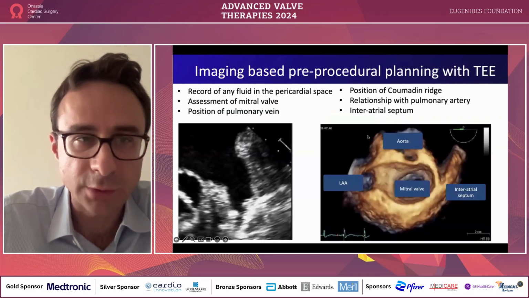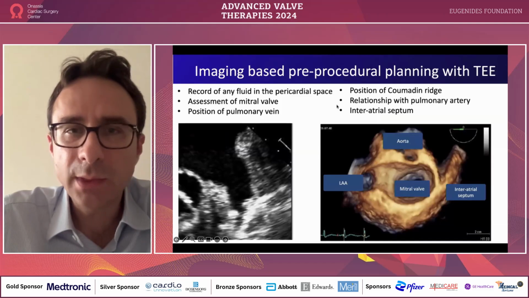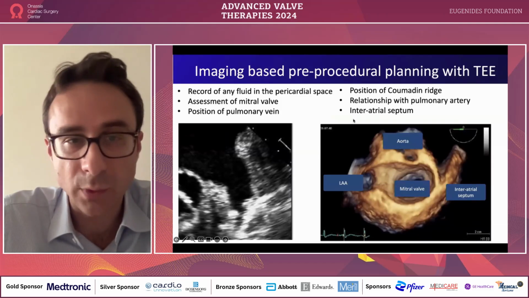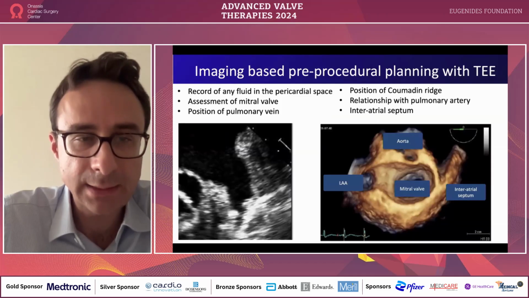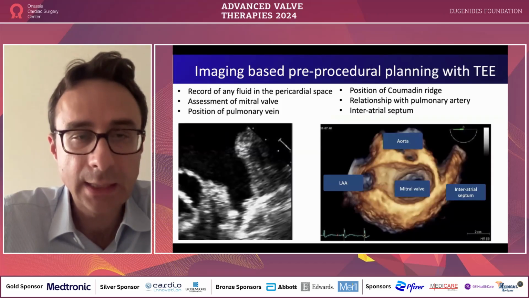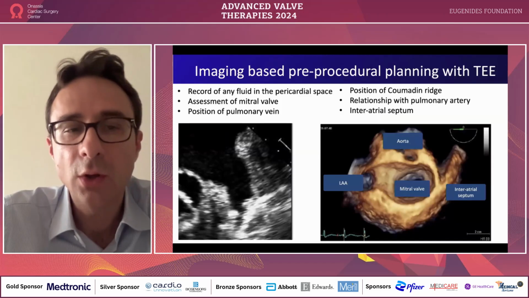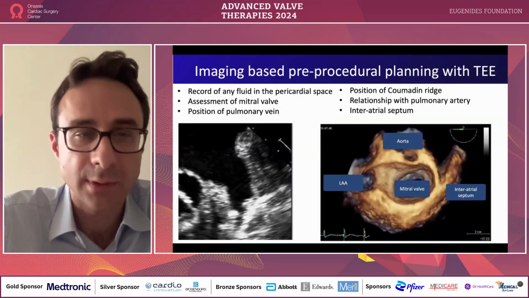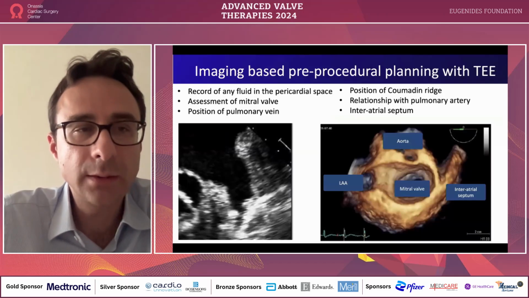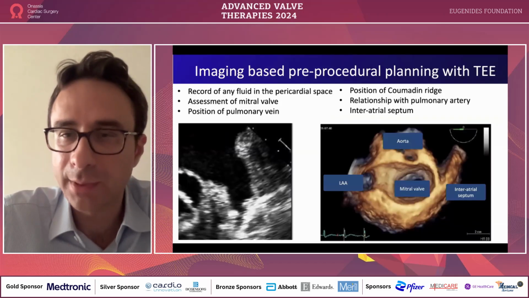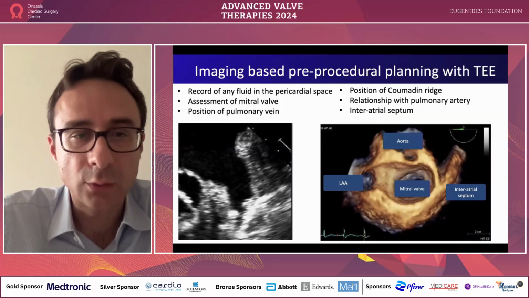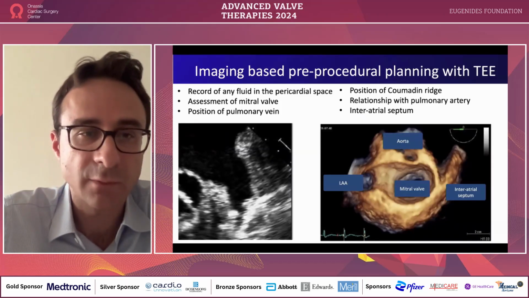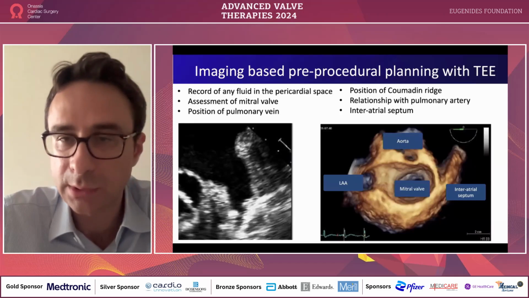We need, with our pre-procedural planning, that has to be imaging-based, and we know that in most of the centers it is still performed by utilizing transesophageal echo, not only to evaluate the LAA structure, but also to evaluate the surrounding structures. We need to record any fluid in the pericardial space, to have a reliable comparison with the baseline in case of occurrence of pericardial effusion after the procedure.